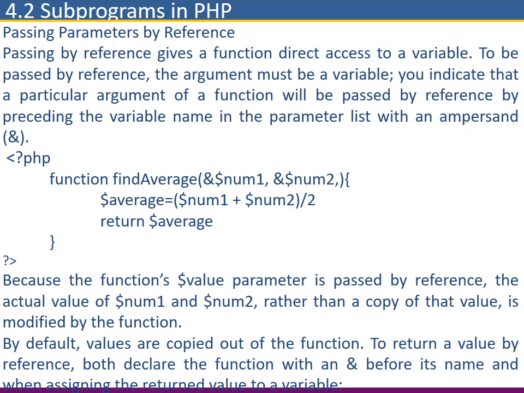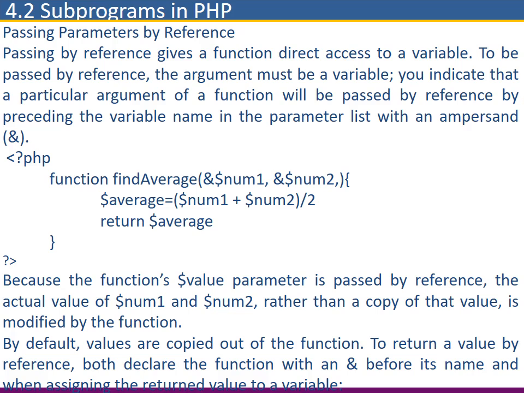Then we find the average: the dollar sign average equals the sum of the two parameters divided by 2. When finding the average, the ampersand is not part of it. But passing by reference gives the function direct access to a variable, which is why the ampersand is used in the parameters. So we find the average and we return the dollar sign average.